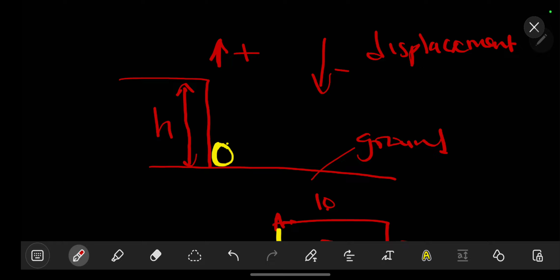Therefore, gravity is acting downwards, while the ball's initial position was thrown up, meaning the gravity will be negative.